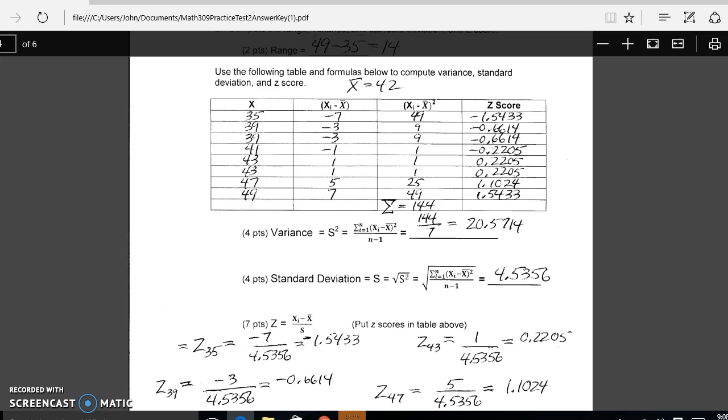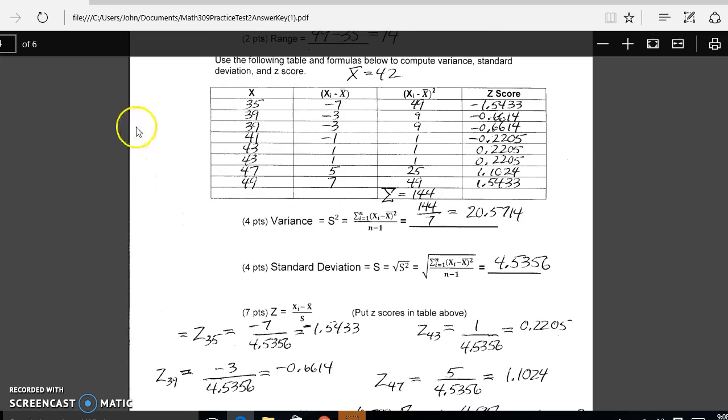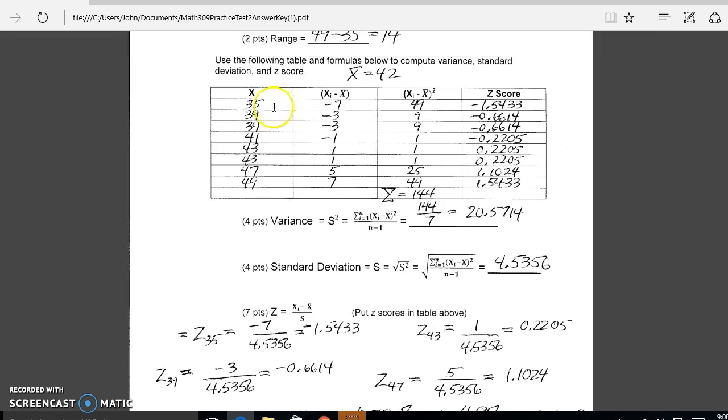What I do in the first column is I arrange the data from smallest to largest, and then in this column I find the difference between each data point and the mean, which is 42. So 35 minus 42 gives me minus 7. 39 minus 42 gives me minus 3, and so on.